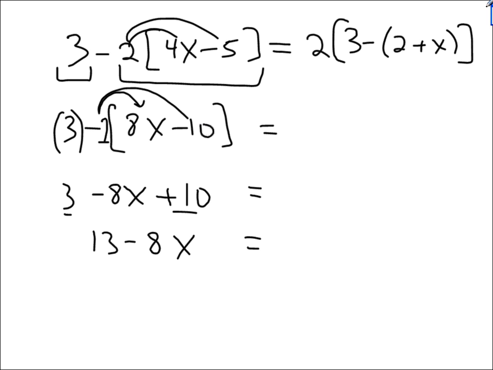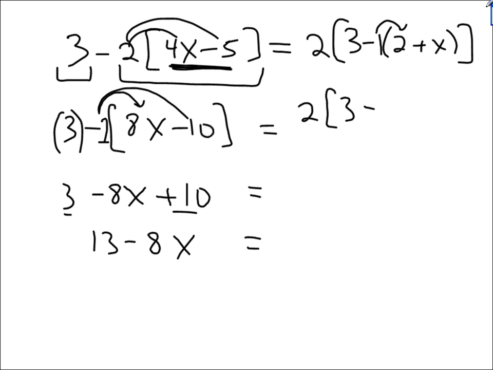The right-hand side is 2 times what's in the brackets. Let's clean up what's in the bracket. In the first bracket, there was nothing to do. But in the second bracket, we have to distribute and combine like terms. Like before, we can think of this as negative 1.